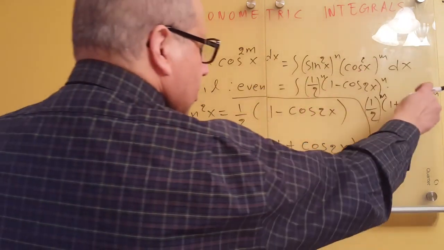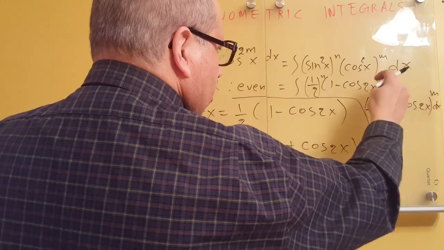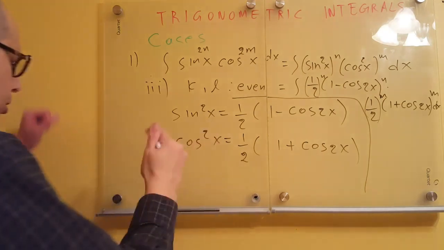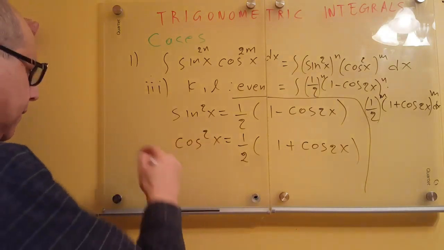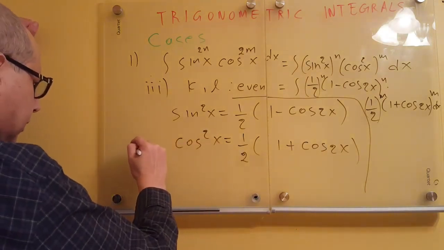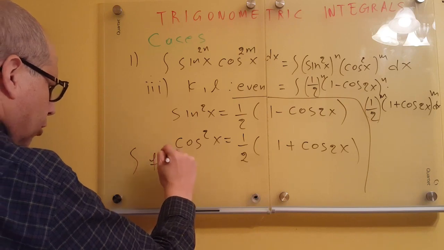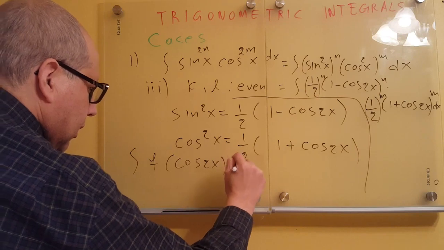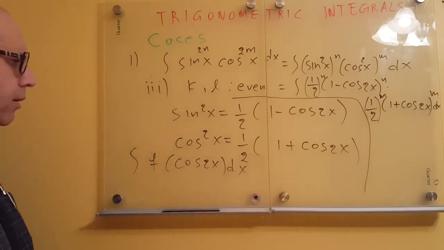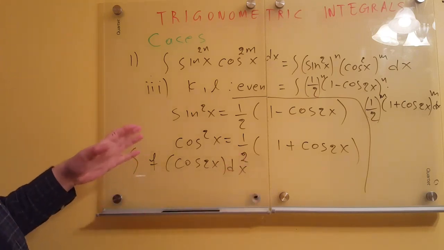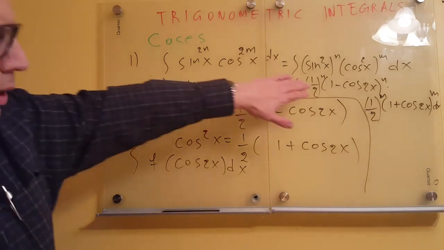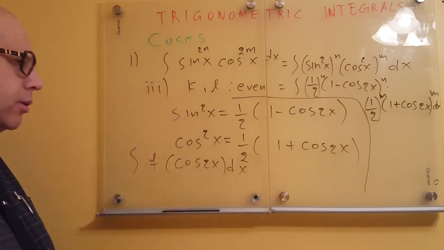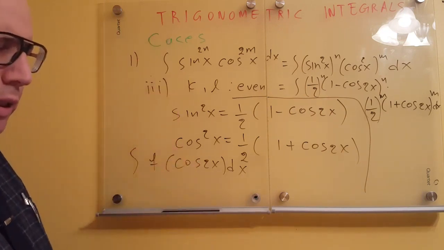When you do this multiplication, this polynomial times this polynomial, you will have a polynomial, let's say f of cos 2x dx. The numbers we just ignore, you just take them outside of the integral.